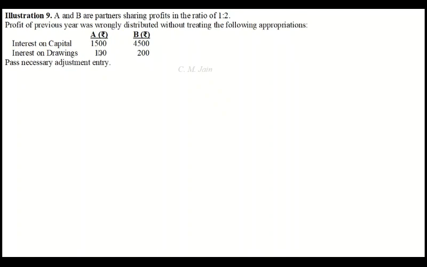Means these appropriations were to be done, but these were not done. Which ones? Interest on capital: A rupees 1,500, B rupees 4,500. Interest on drawings: A rupees 100, B rupees 200. So these two appropriations were to be done, but without doing them, the profit was distributed.